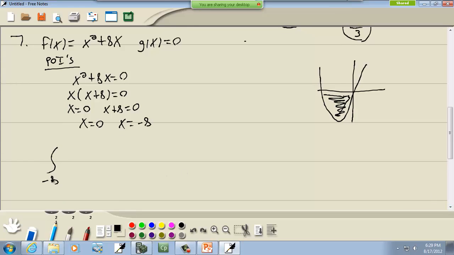So I've got negative 8 there and 0 there, and we want our graph that's above minus our graph that's below, dx. Now, the graph above is 0, that's this line right here, the x-axis, and the graph that's below is the x squared plus 8x.